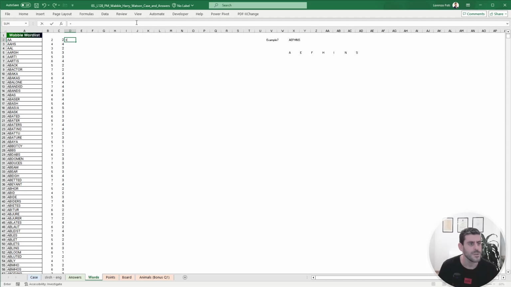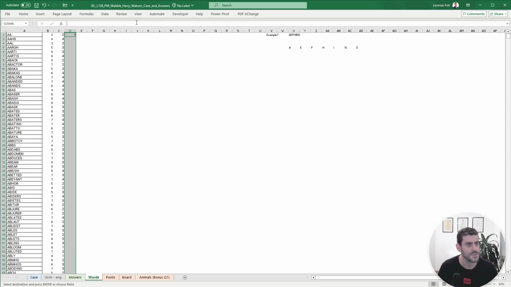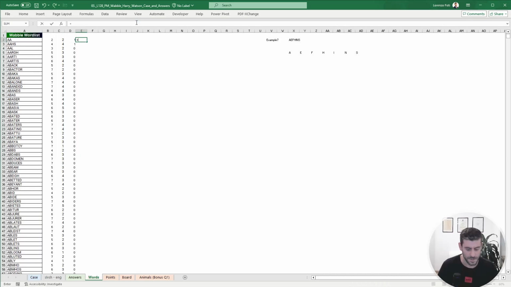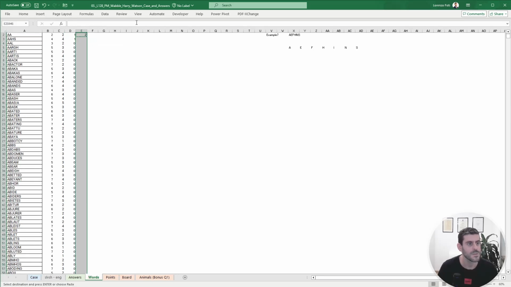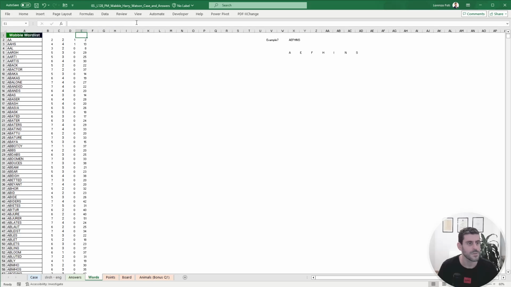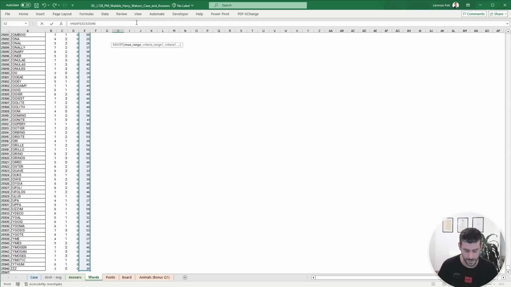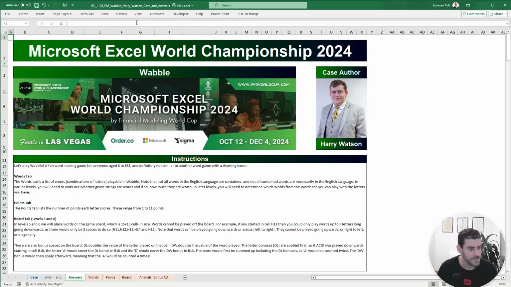Okay. Minus this equals this to say that's a valid word. Then the sum of XLOOKUP of split of the letters into letters, returning points. And then you do a MAXIFS of this, where this equals 1. 42.